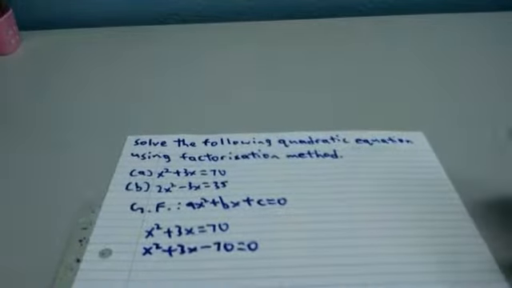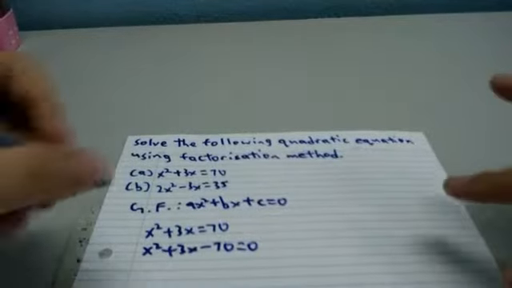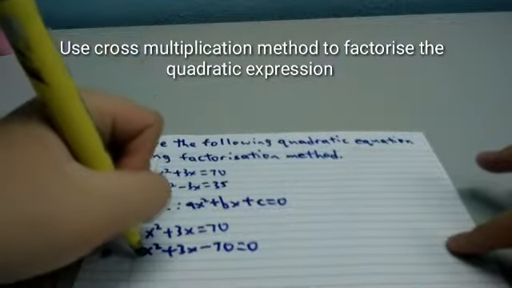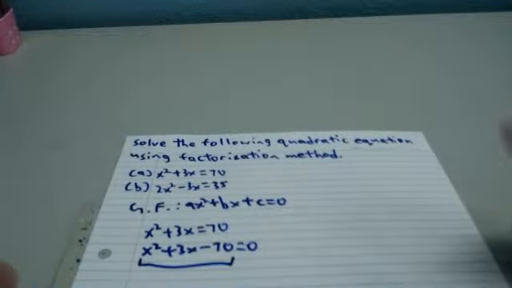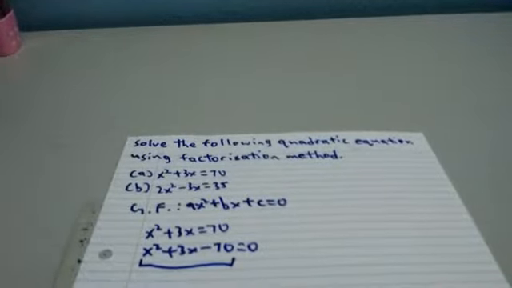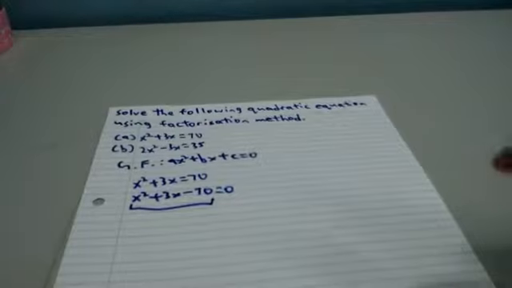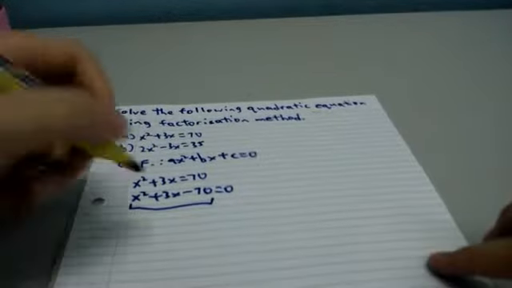The next step of this factorization method is to factorize this. What kind of suitable method? Of course, it's the cross multiplication method.